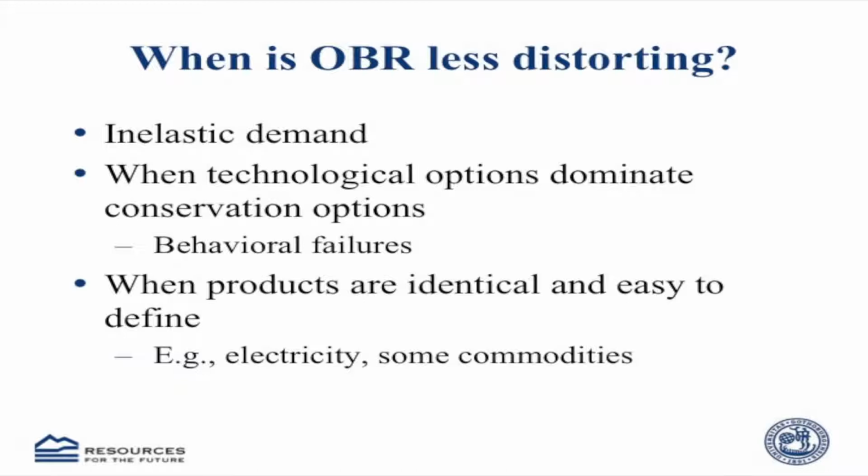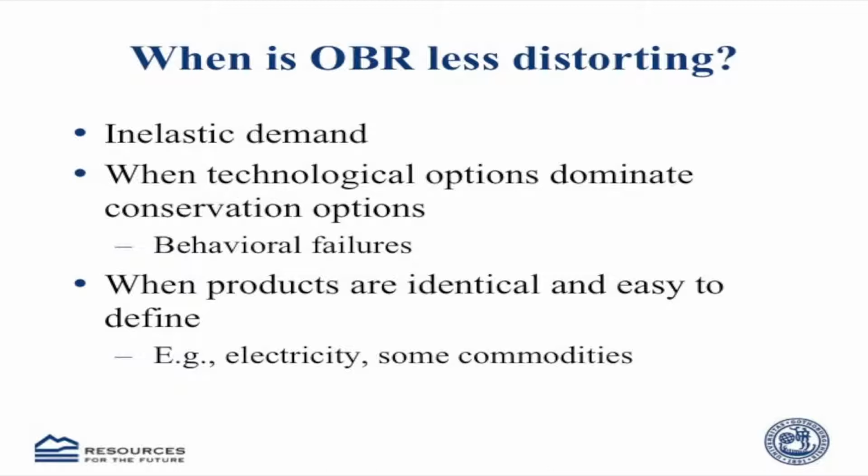But on the other hand, there might actually be some reasons to think that output-based rebating can be less distorting. So one is, again, when we saw this case of inelastic demand, if the demand curve is fixed, then you're not going to have any change in output anyway.